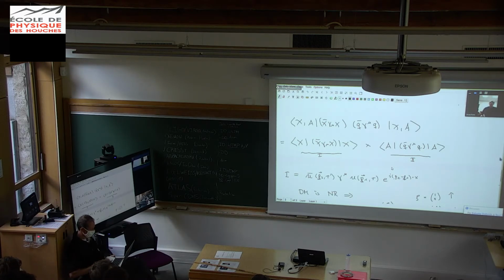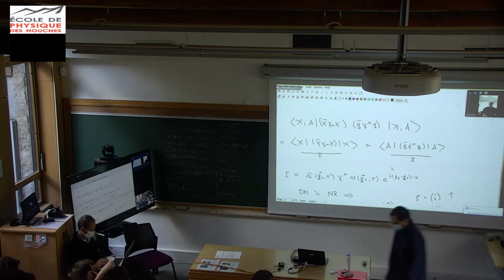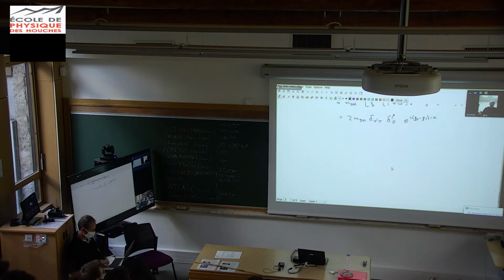So first of all, there are 2 ways to proceed in principle. One could just write down the expressions for this current and insert the definitions of these fields, and then do lots of algebra with the Dirac spinors and so on. And then you would find that Q bar gamma mu Q has the form A dagger A minus B dagger B, where A dagger creates quarks and B dagger creates anti-quarks.